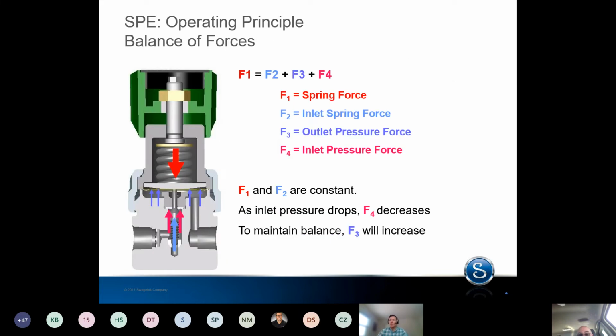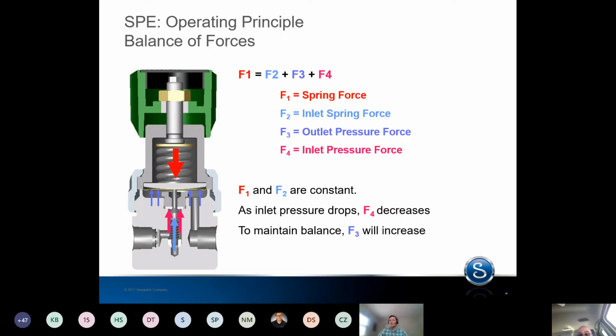In order to understand how that affects the outlet pressure, we need to look at the balance of forces. I mentioned before, we've got 4 forces. We'll let them fly in here. F1 and F2 don't change, so we're assuming that we're not turning the handle at all, right? This is only the inlet pressure that's changing. As that inlet pressure drops, our F4 goes down.